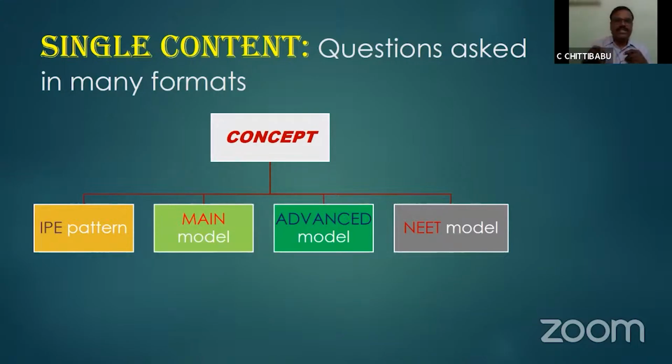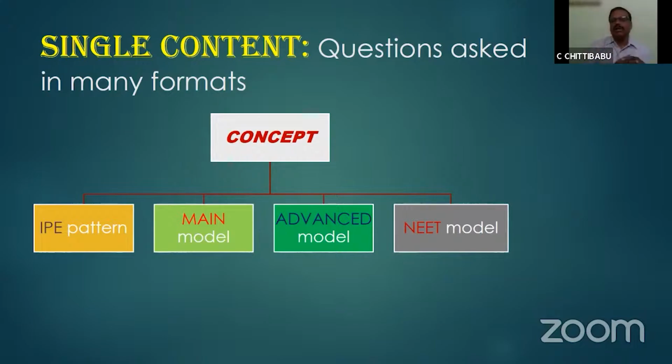If that same definition is asked in the form of ABCD objectives, then it becomes a Mains model exam. That is a single concept exam question. And if that single concept is mixed with different concepts and made into a multi-conceptual question, then it becomes the Advanced model. I will preview a few of the questions in the next slides and give you the literature proof.